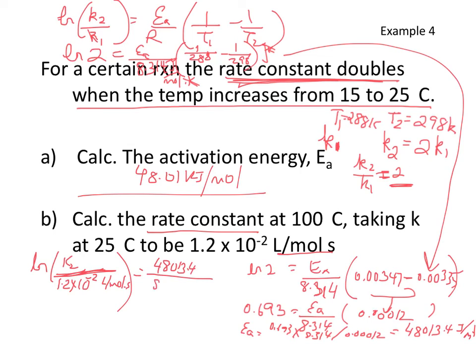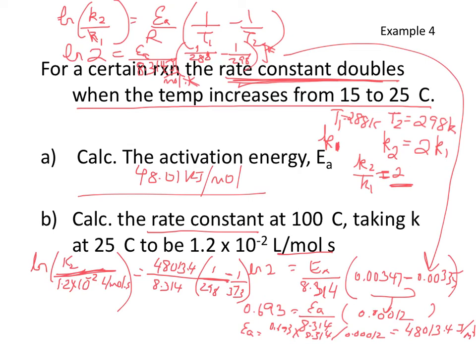Since I have 8.314, I wrote it in the joule format, and temperature T1 is 298. From that, I'm going to be subtracting 1 over 373, and we have to solve for K2.